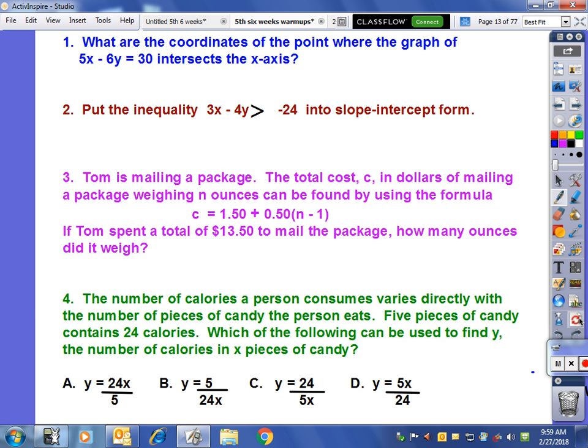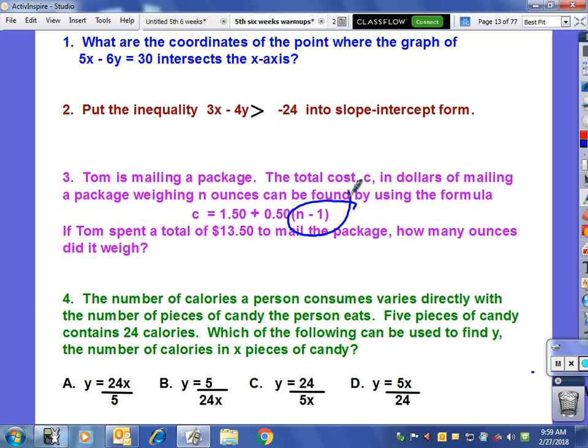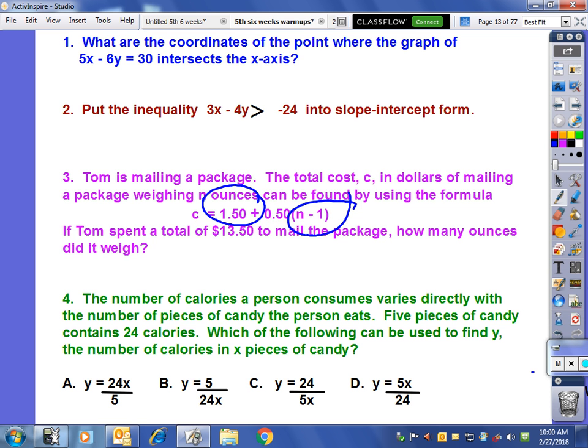Here's the deal, guys, with this equation right here. Let's put in a 1 for 1 ounce. We're going to mail a 1 ounce package. What's 1 minus 1? 0. What's 0 times 50 cents? 0. So did that one cost 50 cents? No. How much did that one cost? $1.50. So in this kind of problem, it's like the first ounce is included in the initial charge. After you pay for that $1.50 ounce, then they start being 50 cents a piece.